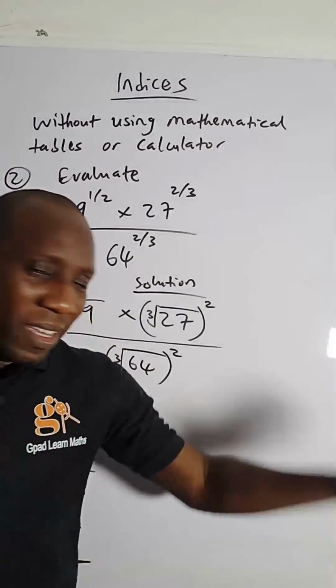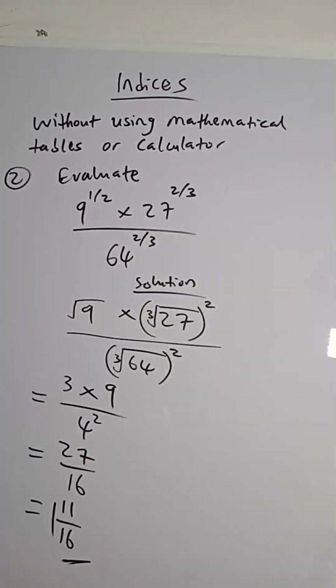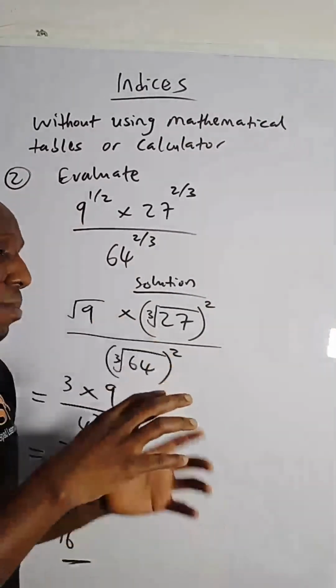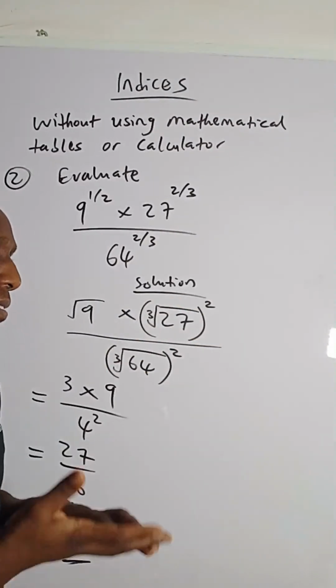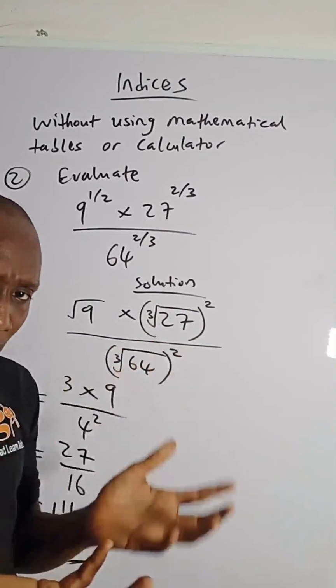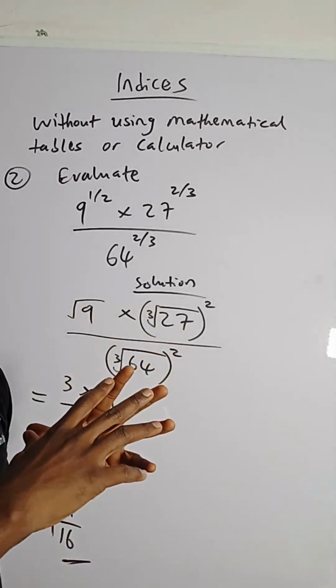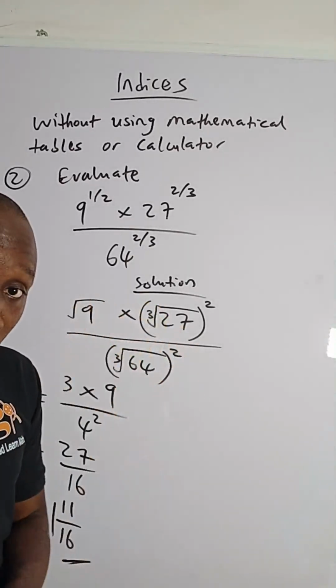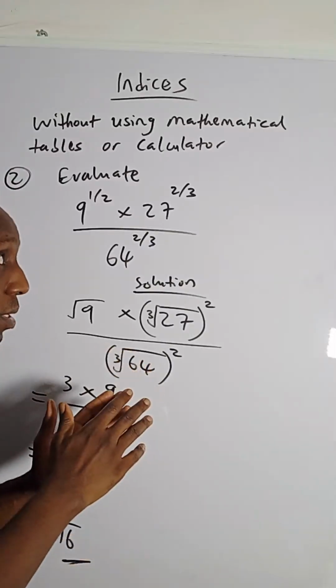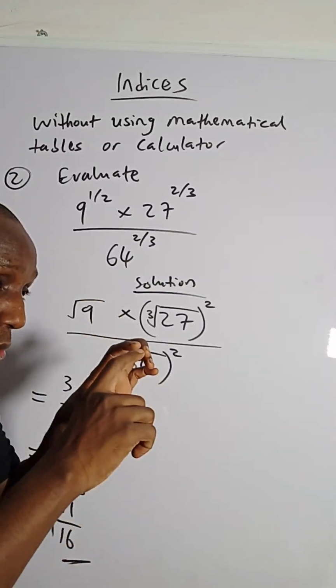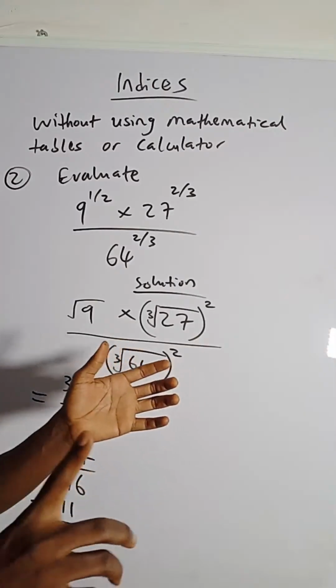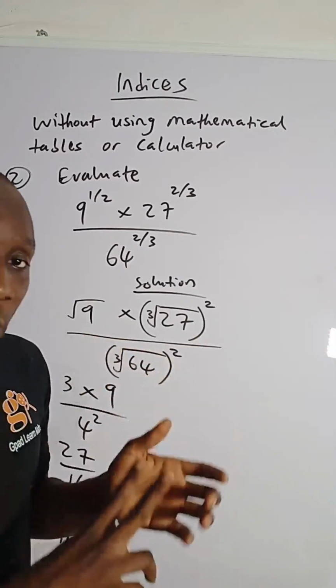We have so many very interesting examples that we have to do. We have to talk about algebra, factorizing algebra problems with indices, then index equations, or problems leading to quadratic equations, simultaneous equations, and all that.